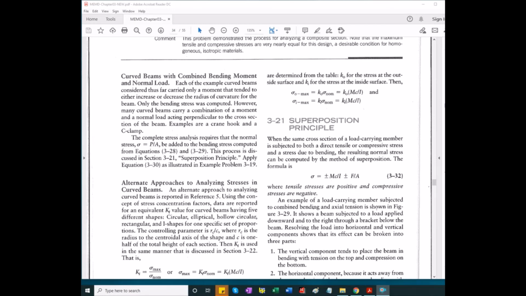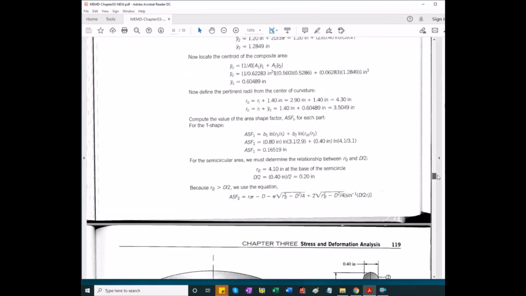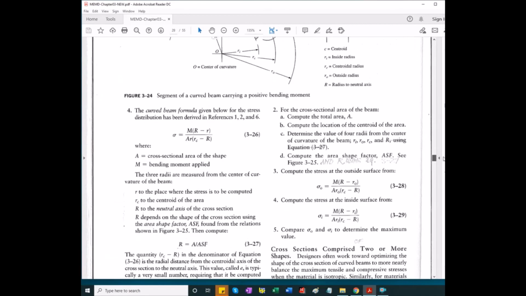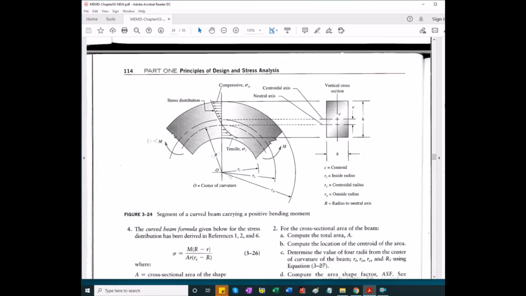So, for example, for curved beams, you can have the bending moment being caused by an applied force.